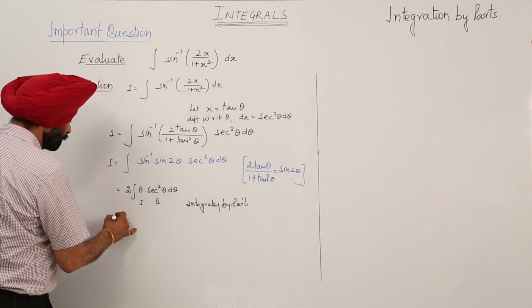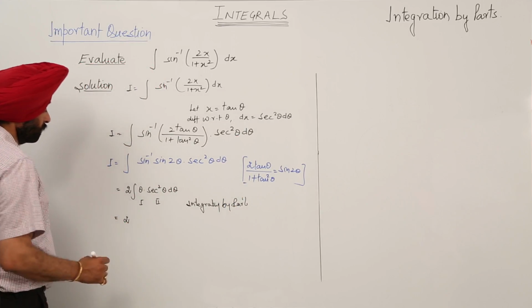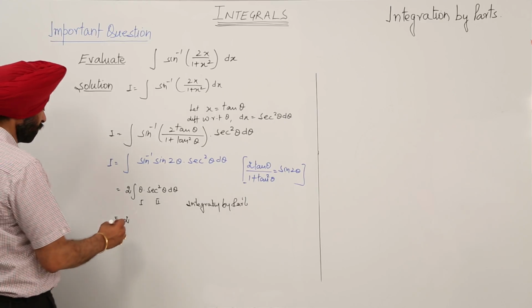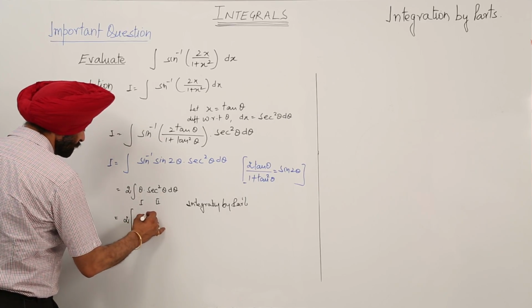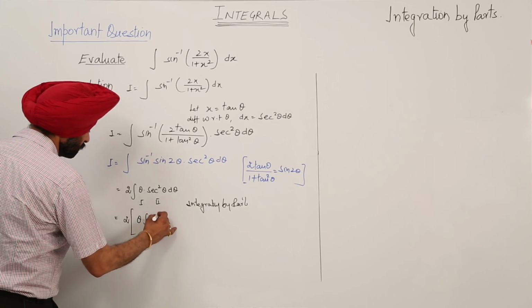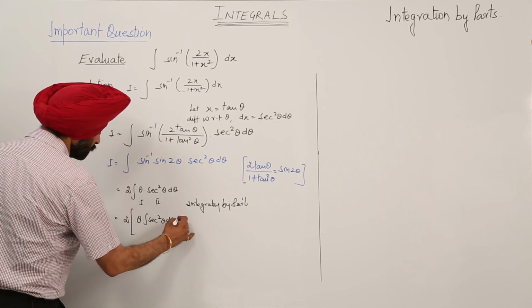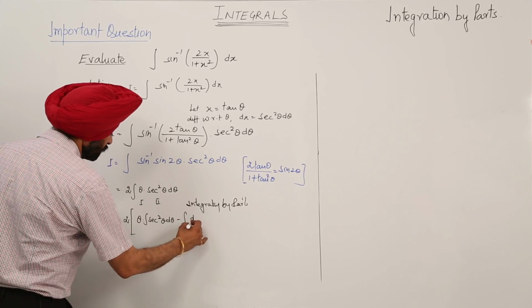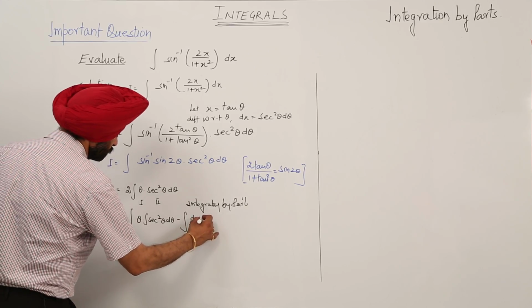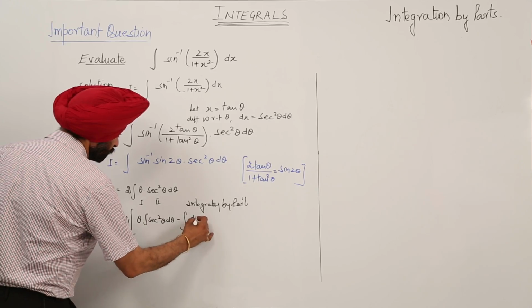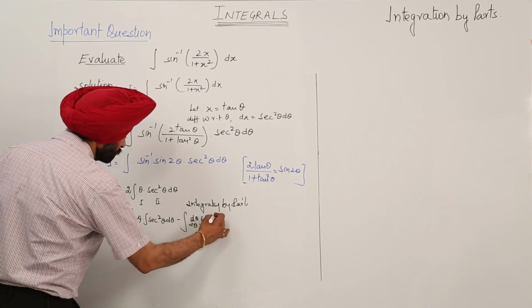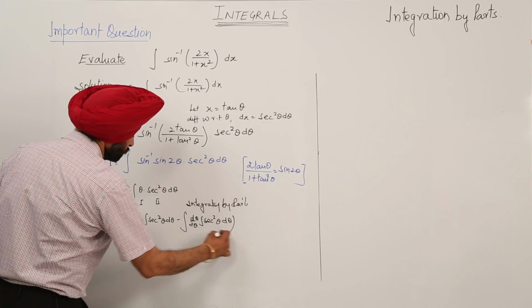Now what we can do: 2 as it is, first function as it is, integration of second function, minus integration of d by d theta of the first function, that is theta, times the integration of secant square theta, d theta.